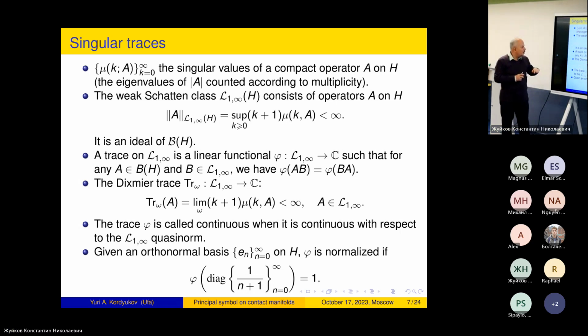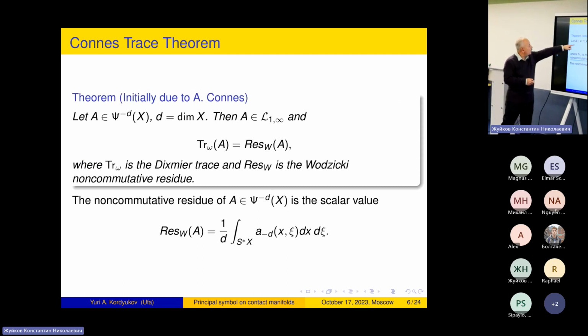And it turns out that if we take any pseudo-differential operator of order minus d, then this trace exists. It is independent of omega and can be computed in these terms. In particular, this quantity is independent of the trace.